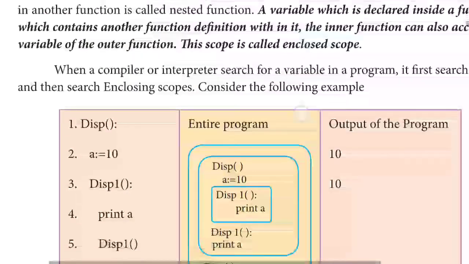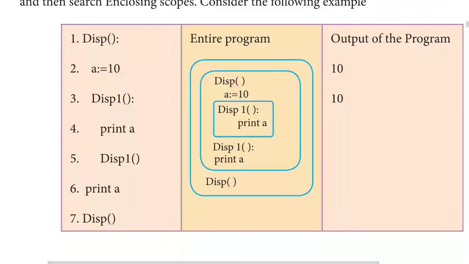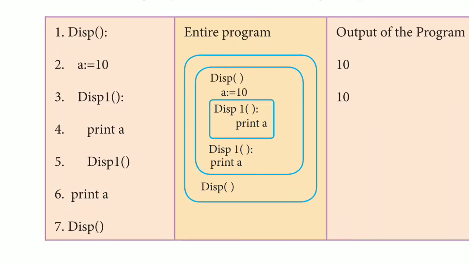Next is enclosed scope. Here you can see that a function which is inside another function is created, and that function is accessing the value from the outside function. So this is enclosed scope.